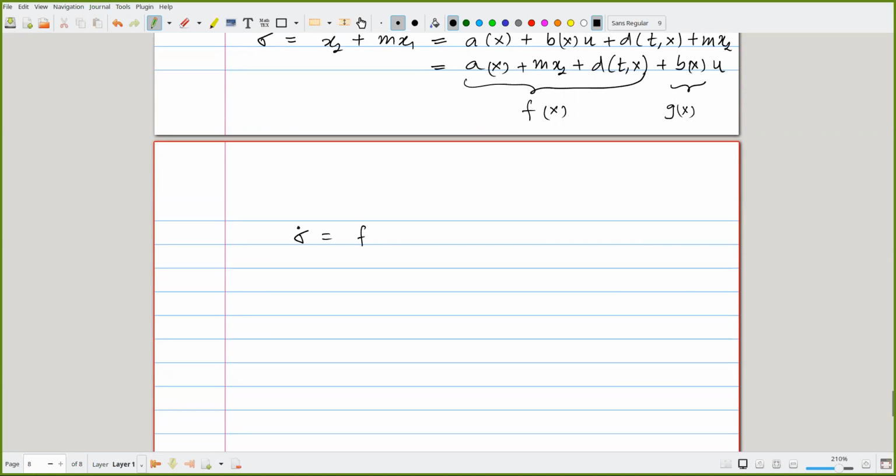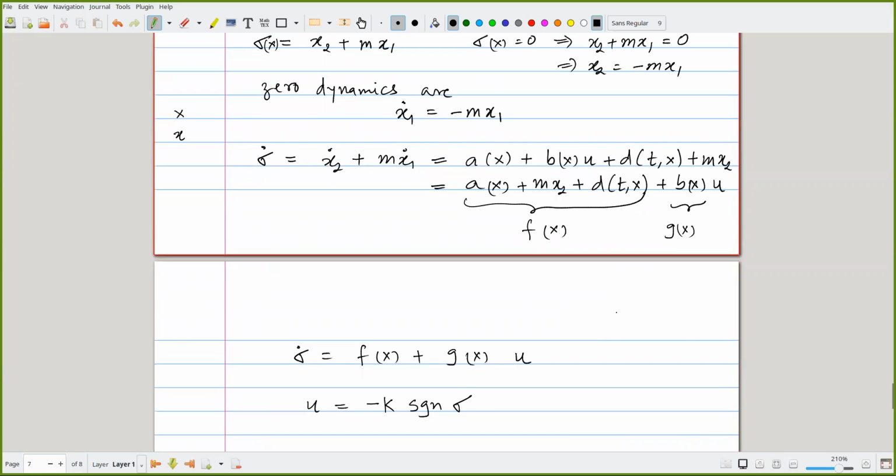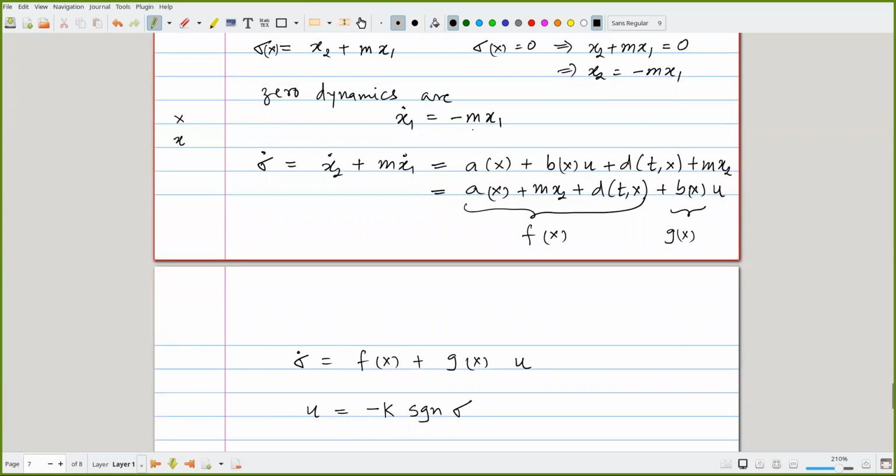So now we have our sigma dot in this form again, f(x) plus g(x)u, and with appropriate assumptions again on f(x) and g(x), this control u equal to minus k signum sigma will make sigma 0 in finite time. When sigma becomes 0 in finite time, we have these zero dynamics: x1 dot is equal to minus m x1 and x2 is equal to minus m x1, right?